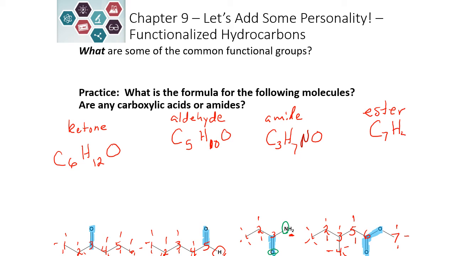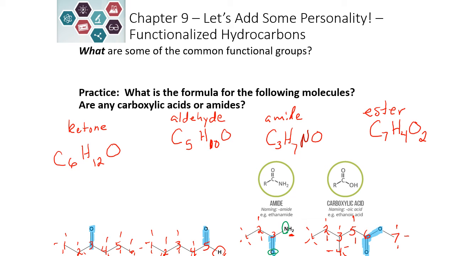This gives us 14. And in this case, we actually have 2 oxygens, so we need an O2. So we did not have any examples of carboxylic acid here, but we did have one amide in our examples.